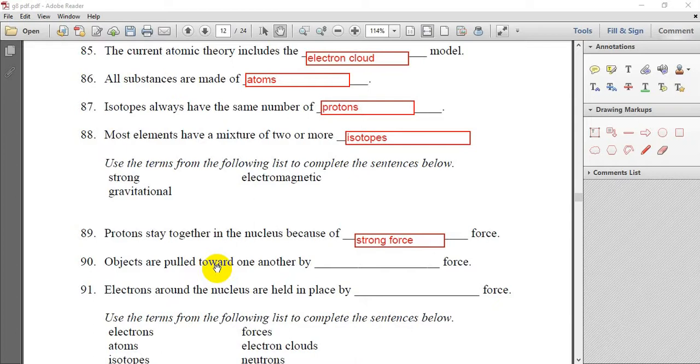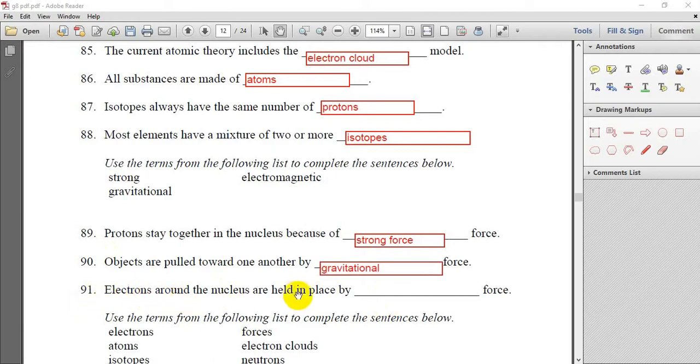When the objects have more mass, they have more gravitational force between them. Like for example the Earth and the Moon, they are big, so they have a lot of gravitational force, but electrons and protons together are very small, so the gravitational force between them is very small. So the answer for this is gravitational force.